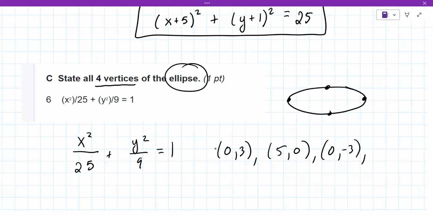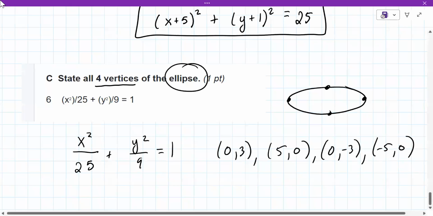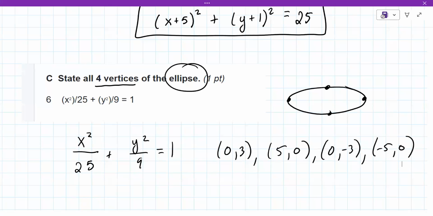And the last one is -5, 0. There you go. Right. So that is everything for this problem. We'll be able to do the same thing for the next one.